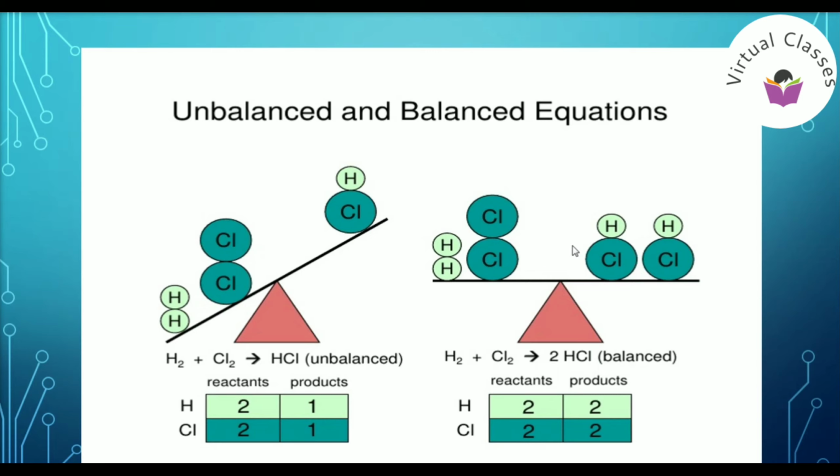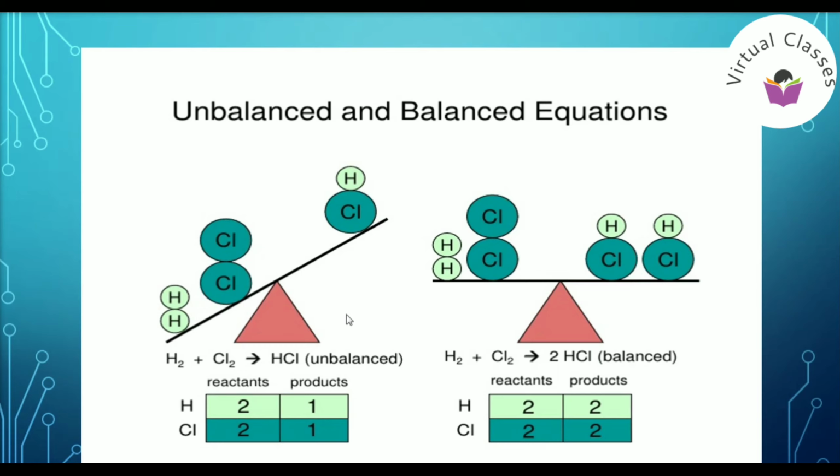If we compare an unbalanced and a balanced equation by looking at the given example, that is H2 plus Cl2 gives HCl: on the left side, as you can see, two atoms each of H as well as Cl have been listed on the reactant side, while on the product side only one each of H and Cl is there.